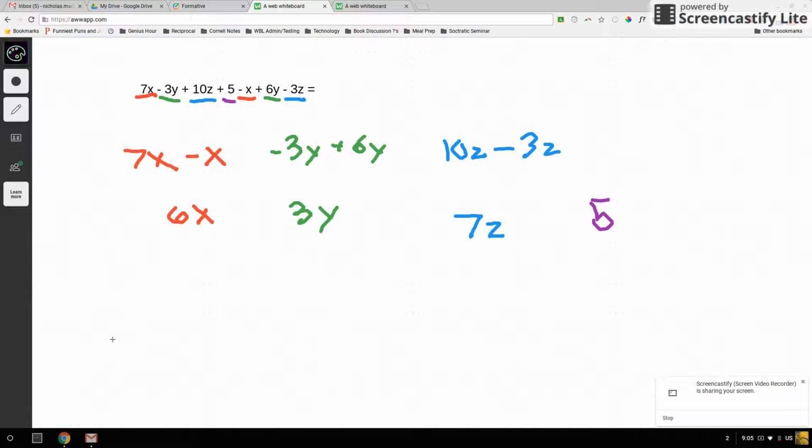Now I'm just going to rewrite it so that it actually is an equation and I don't just have these numbers kind of floating out in space. So my final equation would be 6x plus 3y plus 7z plus 5. Now I can rewrite these numbers in any order. I could have put the 5 at the beginning. It just kind of depends on which way you work them out.